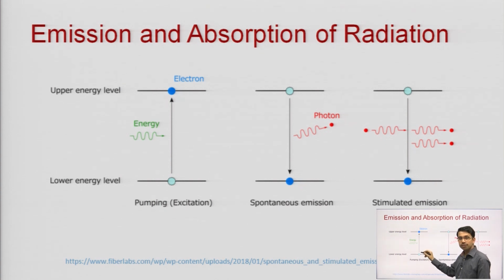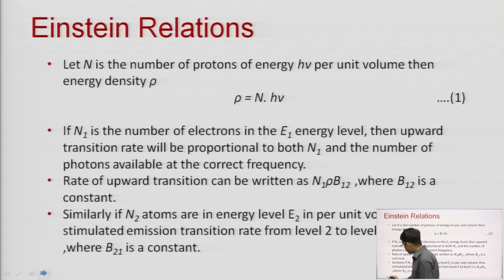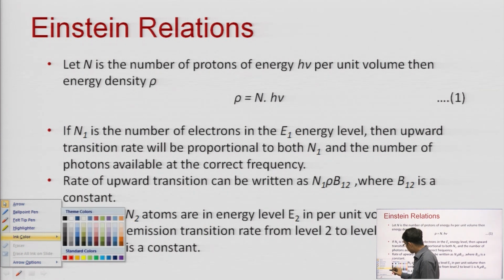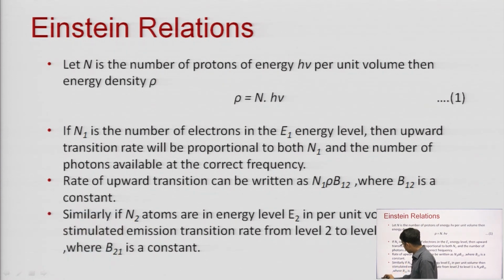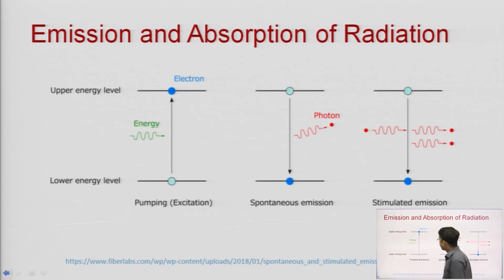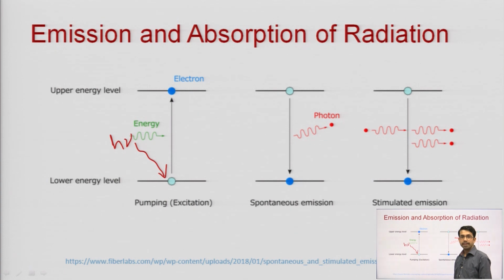The energy of the photon is absorbed by the electron, and if this energy... So, a photon of energy h nu is striking this electron that is in the ground state.